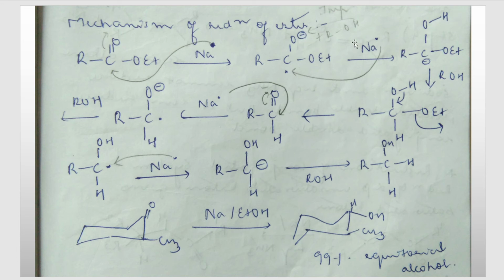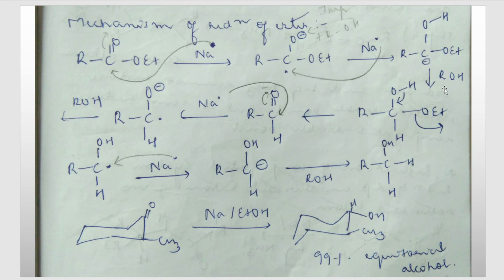Once again, there is one more sodium present in the reaction medium, which will give one electron to the carbon. Carbon already has one odd electron, and the second electron is given by the second sodium metal from the solution. Because of getting two electrons, carbon now gets a minus charge.